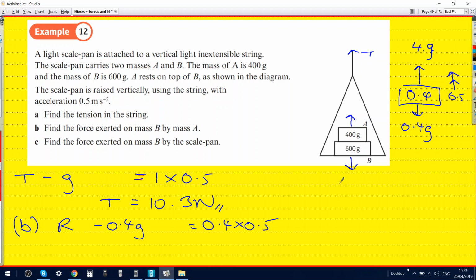Okay, so what is R? Would just be 10.3 times 0.5 minus 0.4 g.